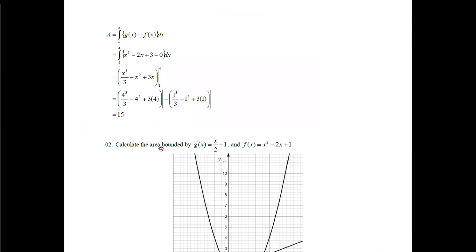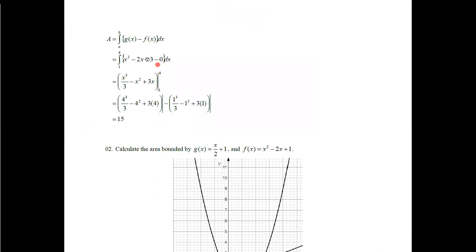If you perform the calculation, at the beginning you can first write down the relevant terms and values for this equation: gx equals x squared minus 2x plus 3, fx equals 0, lower limit is 1 and upper limit is 4.